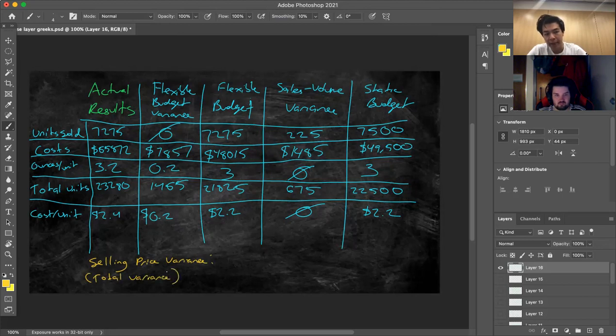It is going to be actual results costs minus static budget costs, and you put in an absolute value. You can't get a negative number. You just find the difference, okay?